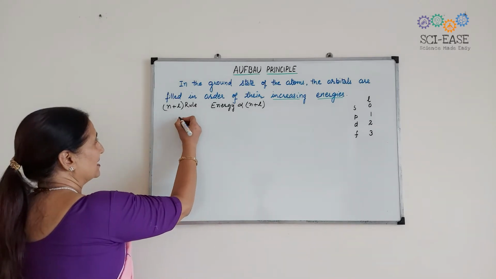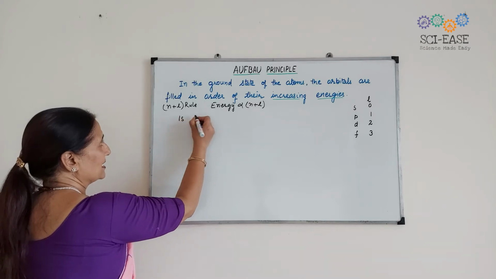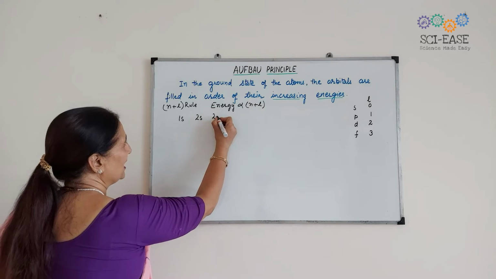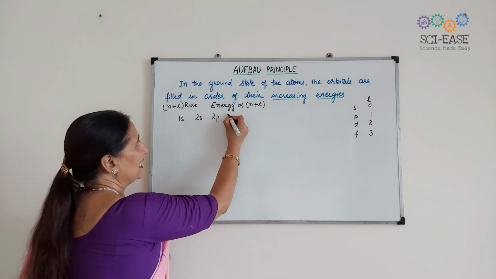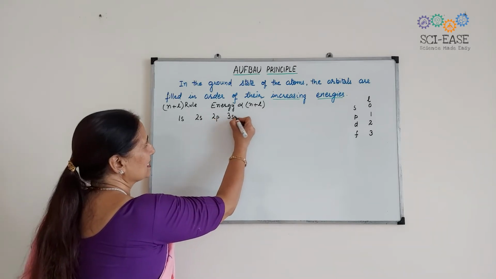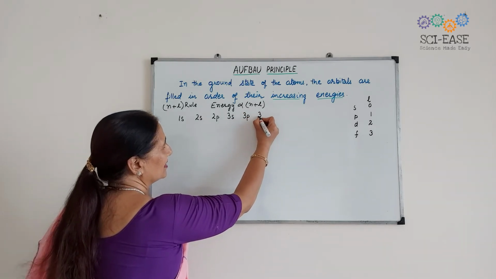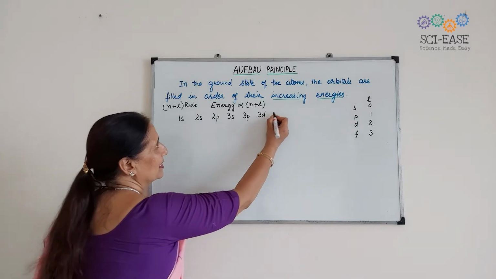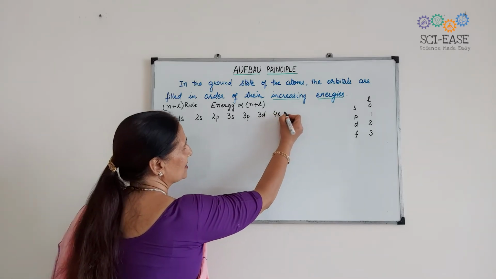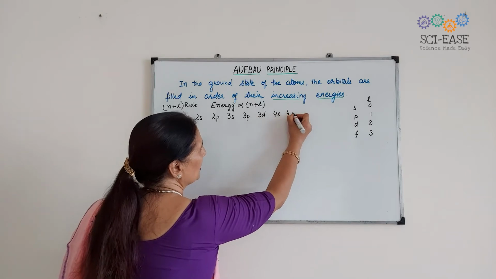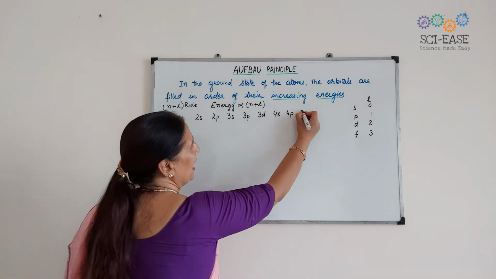I will write some orbitals like 1s, 2s, 2p, then 3s, 3p, 3d, then comes 4s, 4p, and 5s.